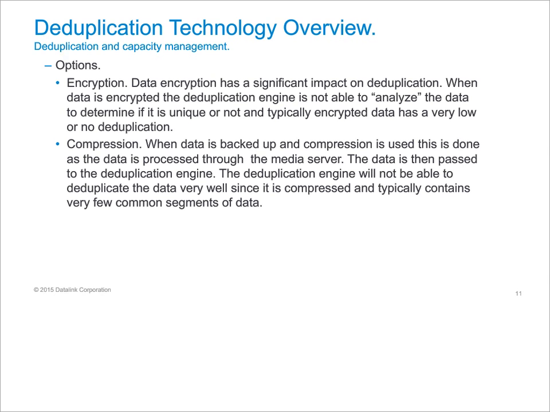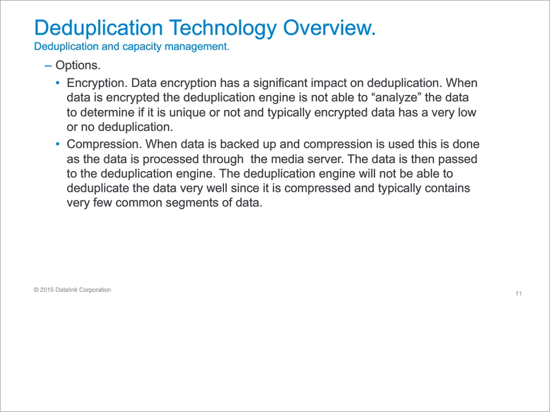The next thing to look at is compression. When you back up data and you're compressing it, you're already doing a form of deduplication, so that's something you want to consider. Under ideal circumstances, you do not want to compress a backup that you are writing to deduplication storage.